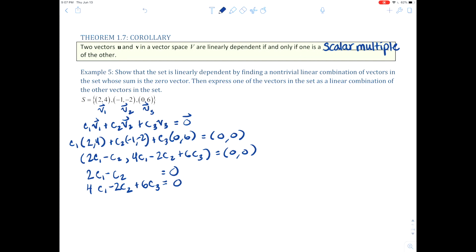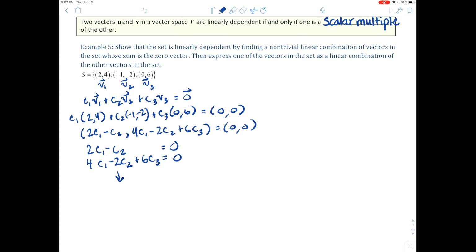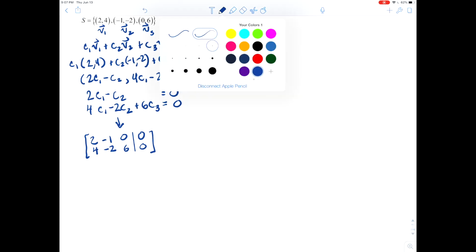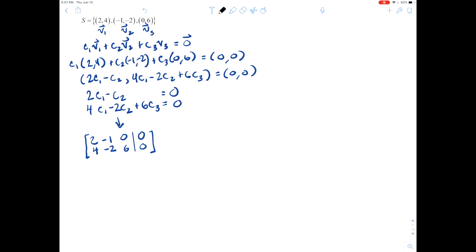So if we put that into its corresponding matrix, what are we going to have? 2, -1, 0, 0. 4, -2, 6, and 0. And what should we do? Let's do -2 row 1 plus row 2 for a new row 2.